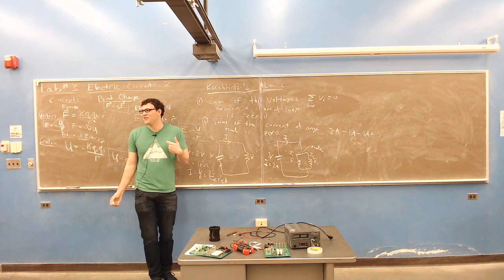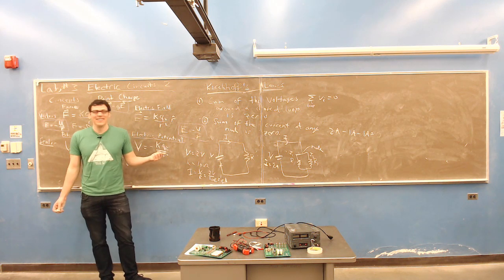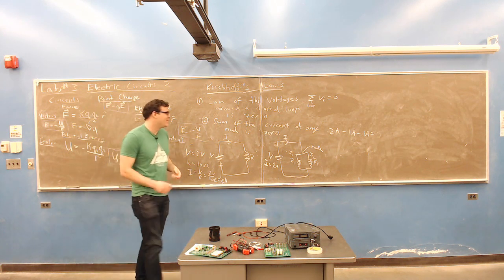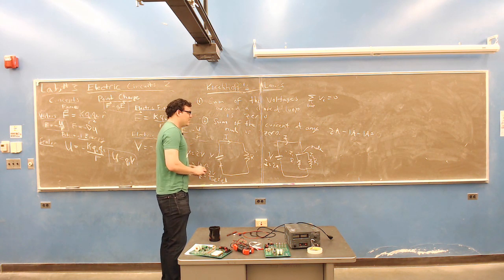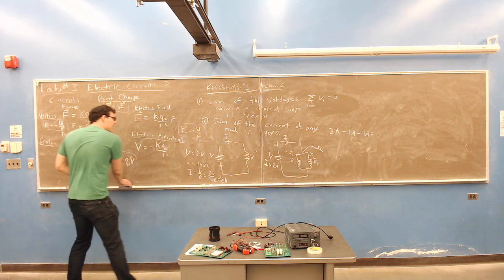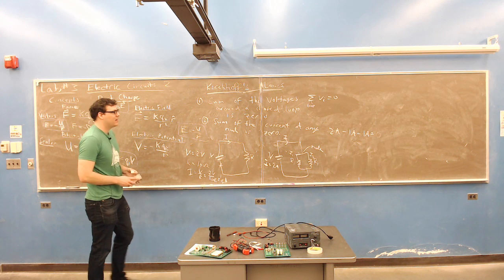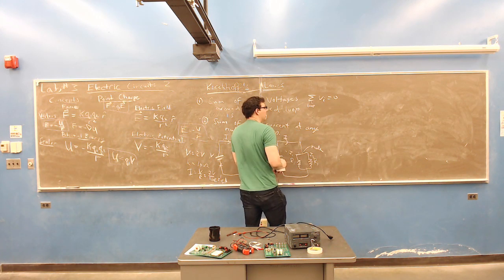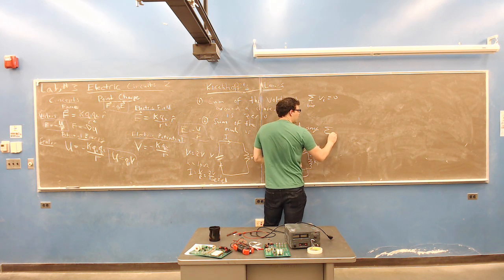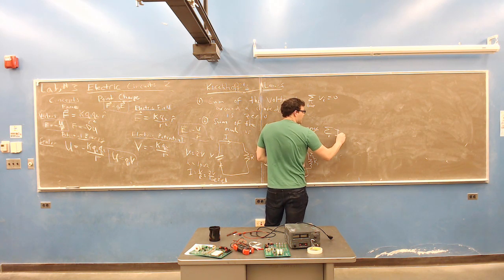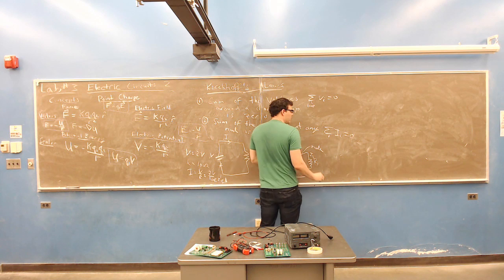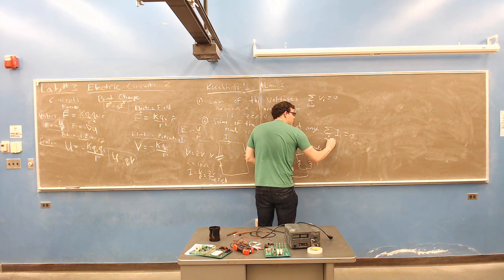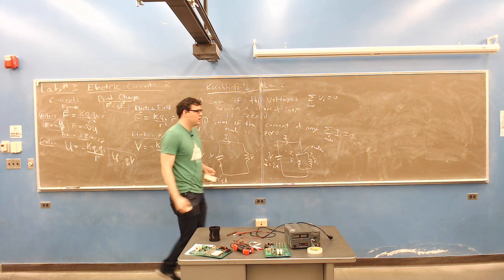I always think I could have. If I was only born 200 years earlier, these would have my name on them. All right, any questions so far? All right, so I'm going to write this in a mathematical form, which says that the sum of the i's has to be equal to 0. And I'm going to write here to remind you guys, node, any node.